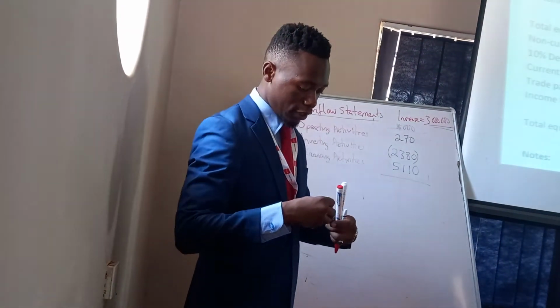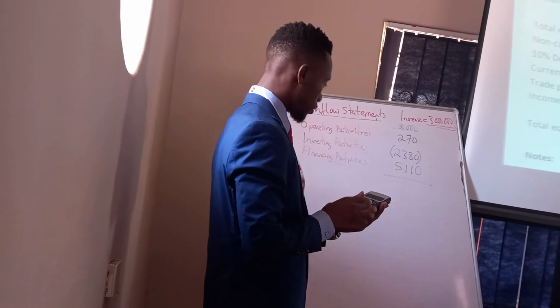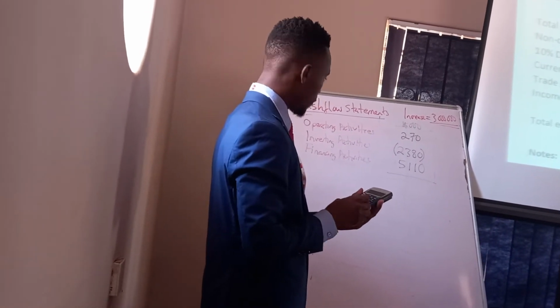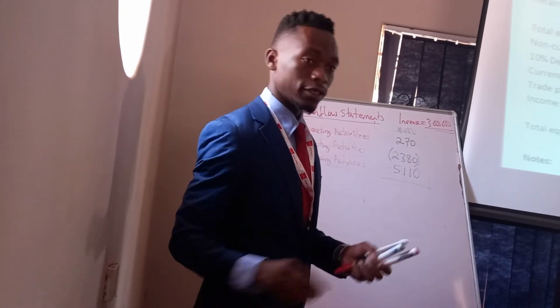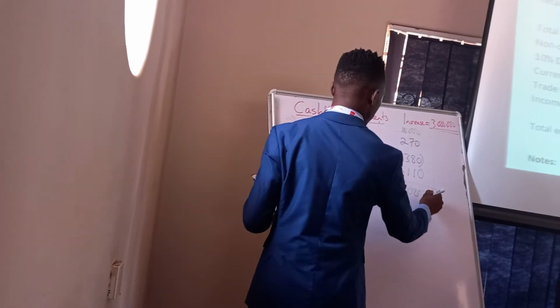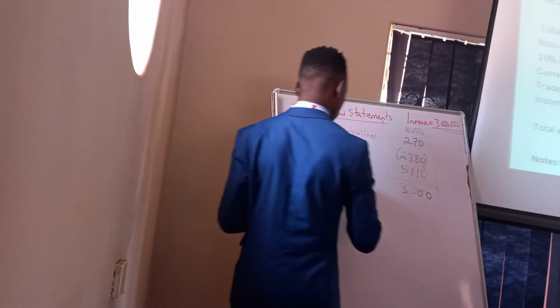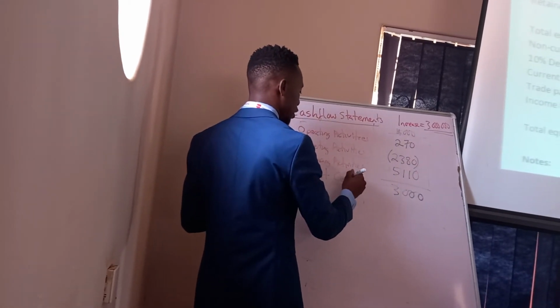So if you say 270 less 2,380 plus 5,110, what do you get? 3,000. The net cash.